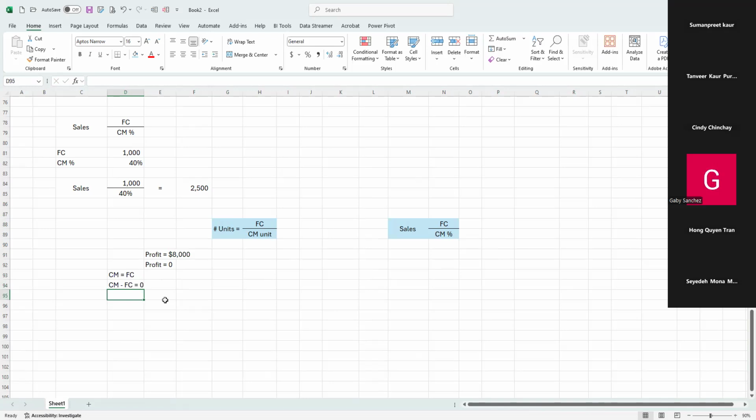But now I don't want to be at 0 anymore. I want to be at 8,000. So I need contribution margin minus my fixed cost to be equal to $8,000. If I flip the fixed cost to the other side, what's going to happen? Contribution margin should be equal to fixed cost plus 8,000.